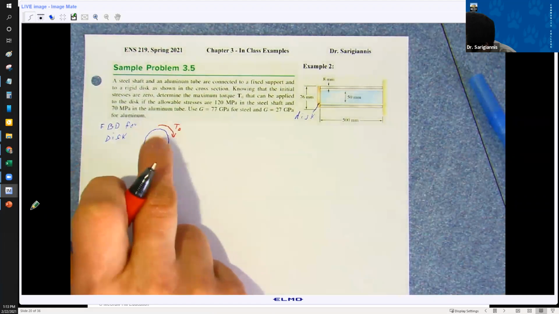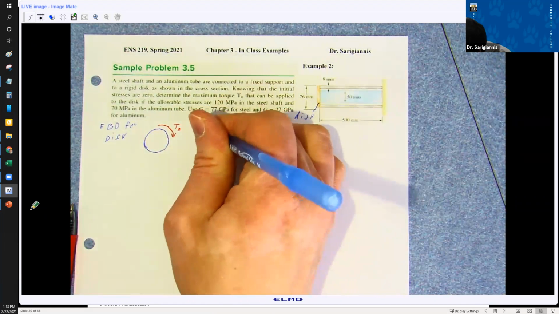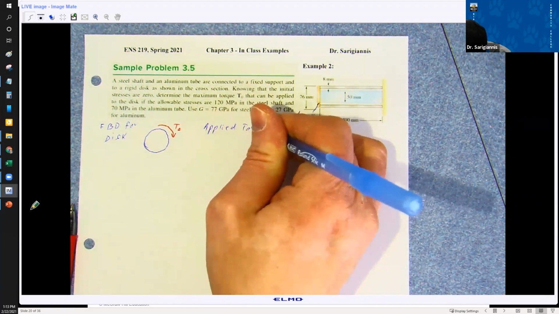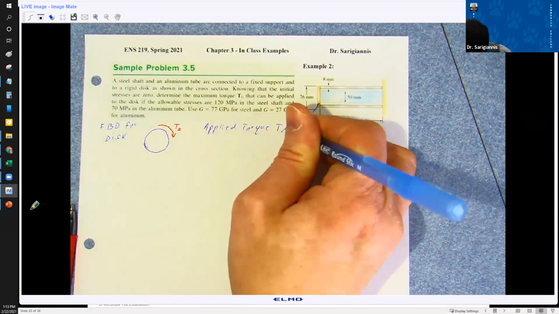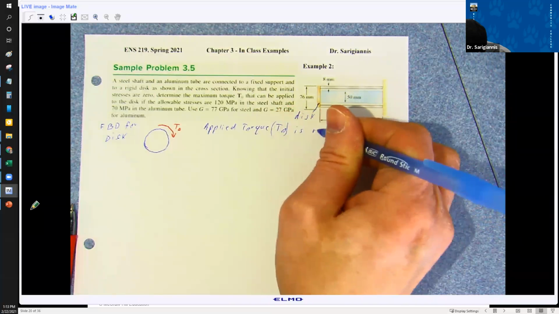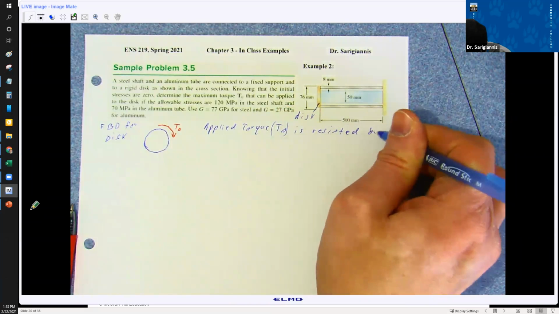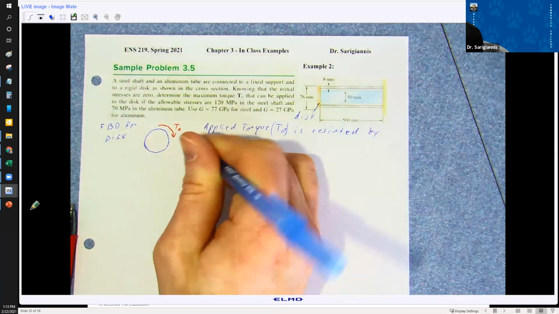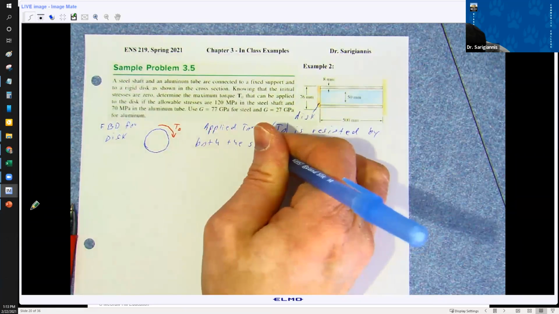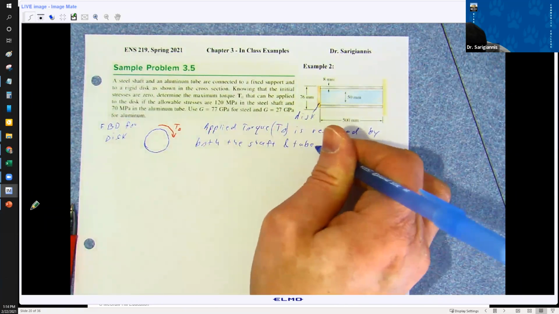So this applied torque T naught, put that in parentheses, is resisted by both the shaft and tube.